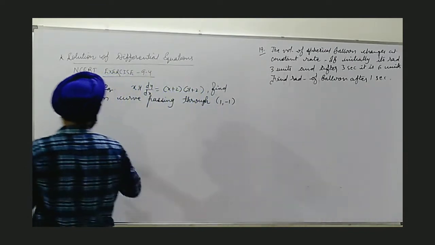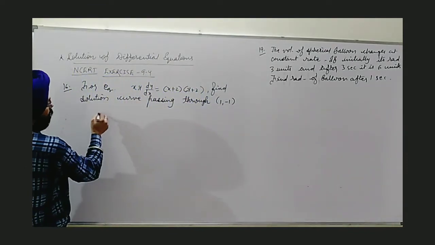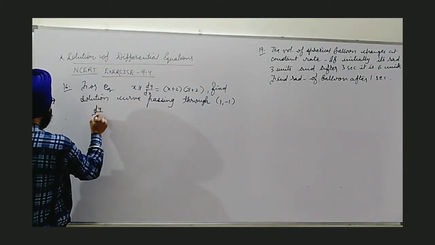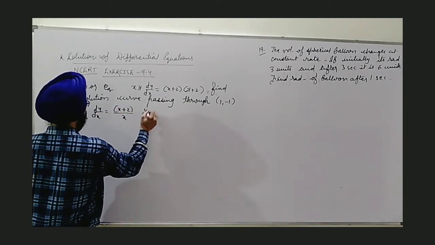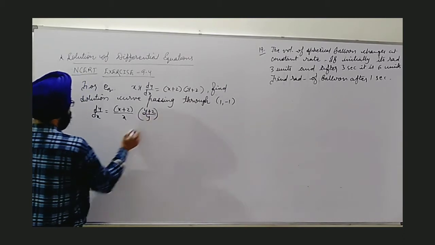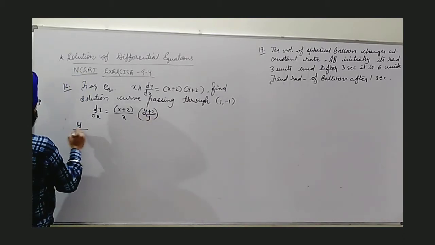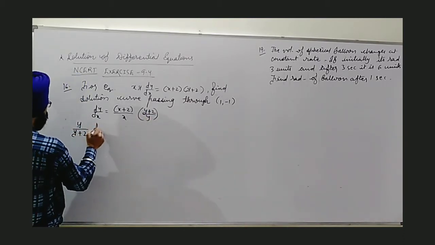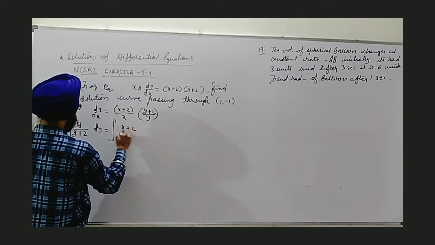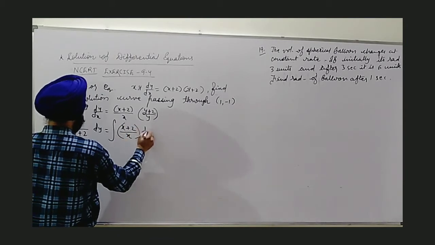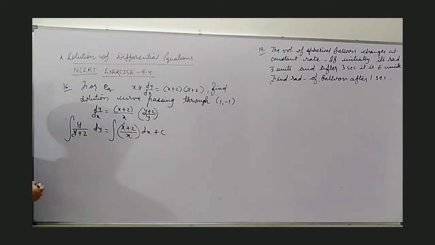Let's see. This equation can be written as dy by dx equal to (x plus 2) upon x, (y plus 2) upon y. Separating, y upon (y plus 2) dy. Obviously we will integrate (x plus 2) upon x dx plus c.